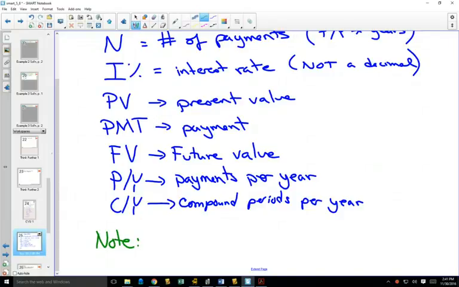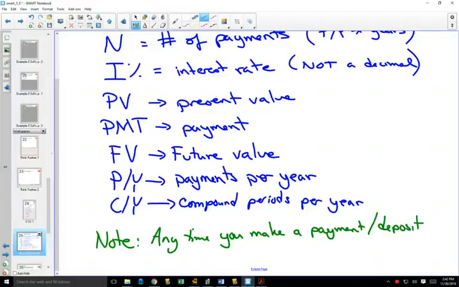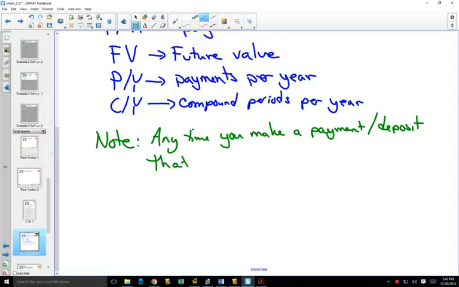The calculator needs some way to decide when you are giving money away and when you are receiving money. The way that they figured that out is, anytime you make a payment or a deposit, anytime you're putting money away somewhere else, in other words, taking it from your pocket and putting it into a bank, or from your pocket and paying the bank, that number will be negative.